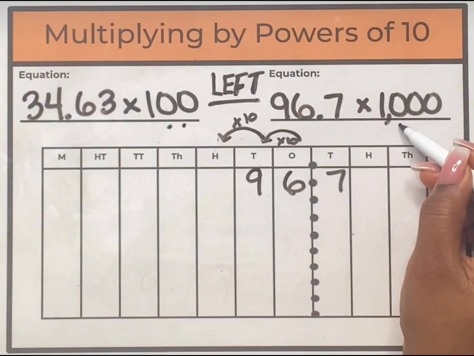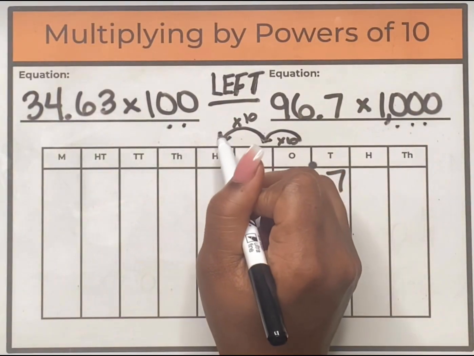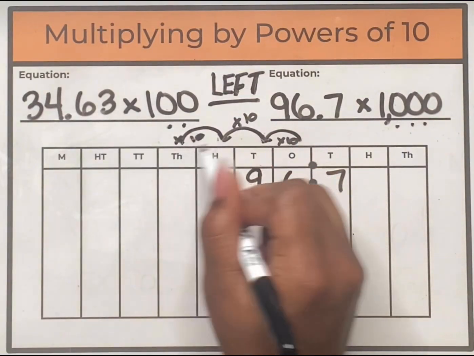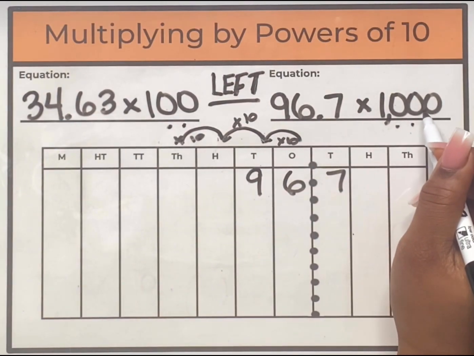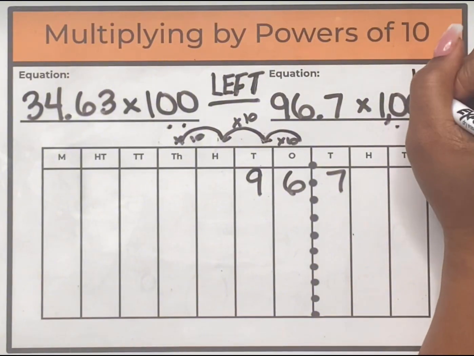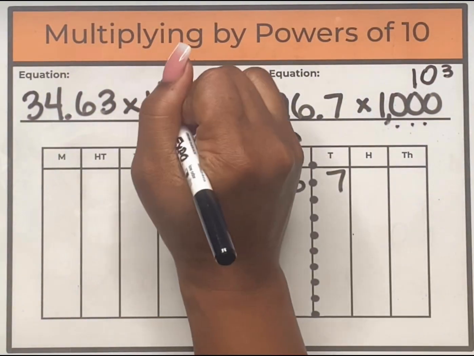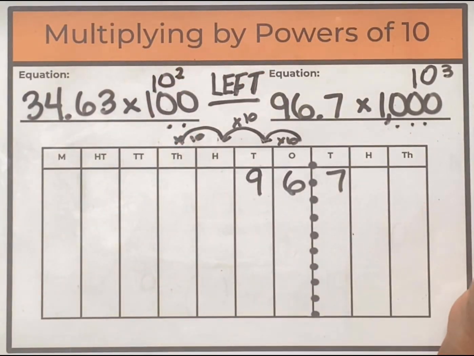If you said 3 times, you're correct. 10 times 10 times 10 is 1,000. Great job. And also, this is in standard form, but if you were to write it in exponential form, that will be 10 to the third power. Just like in number 1, this was 10 to the second power.